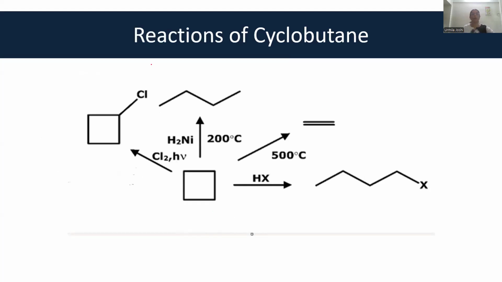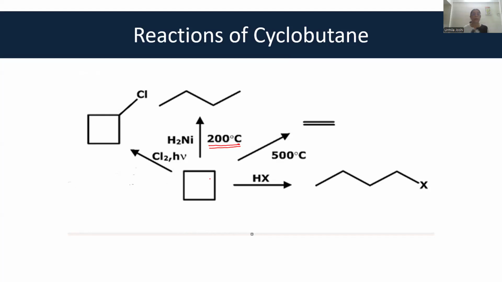Now, coming to reactions of cyclobutane, they are just same as cyclopropane. Just have a look. When cyclobutane is treated with hydrogen in presence of nickel, the ring opens up to give n-butane. The only difference here is the temperature needed is 200 degrees Celsius, whereas in case of cyclopropane, it was 80 degrees.